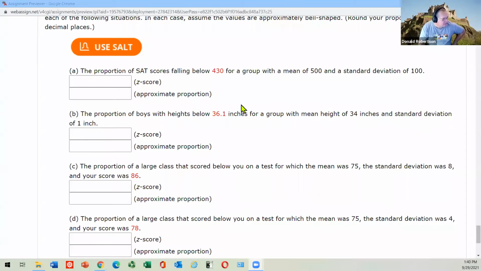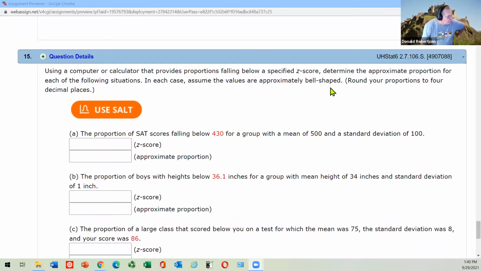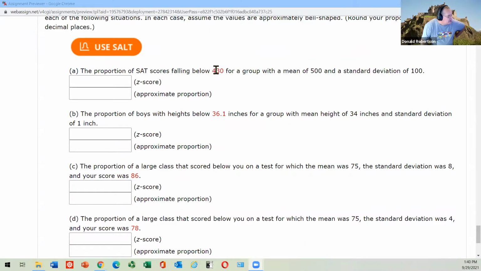And I'm clicking on this guy here. This is actually the last question in chapter 2, and then we move on to chapter 3. We are going to use SOLE, and each question has got its own mean and standard deviation. So these 4 questions are totally independent of each other. And so in this one, it's 430.